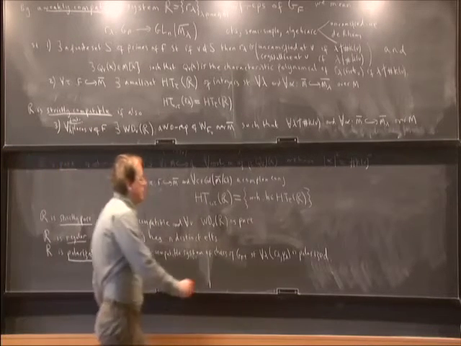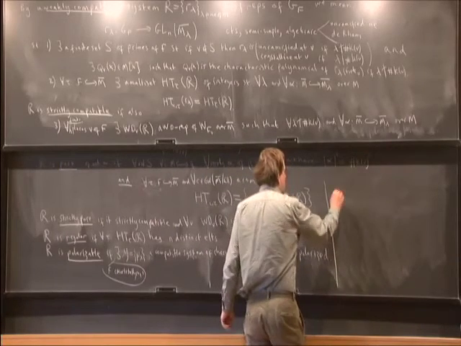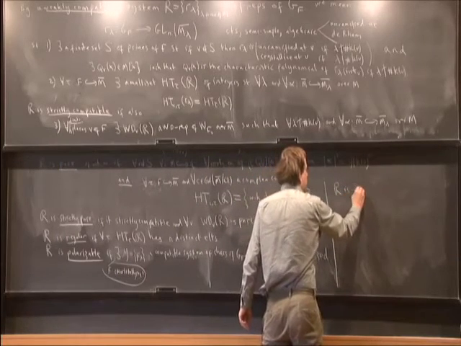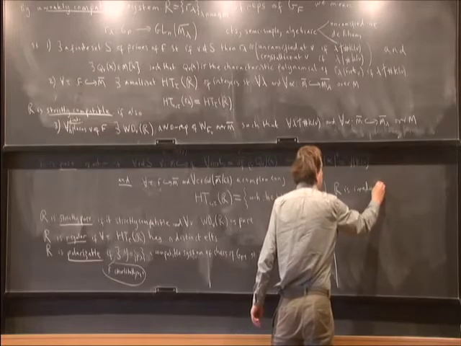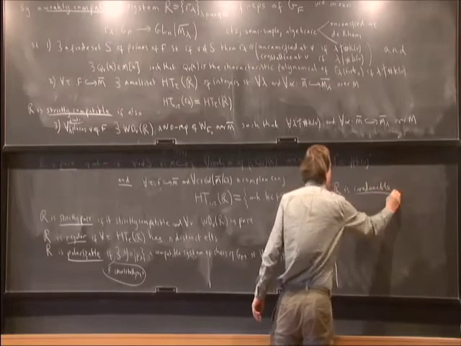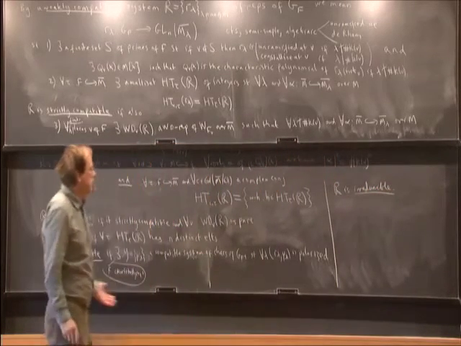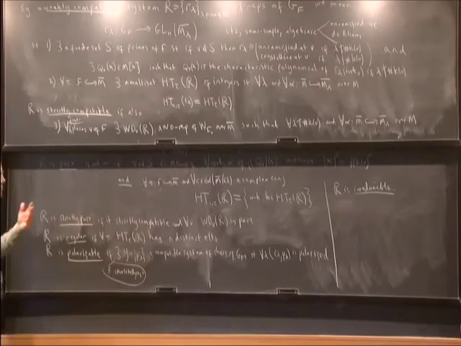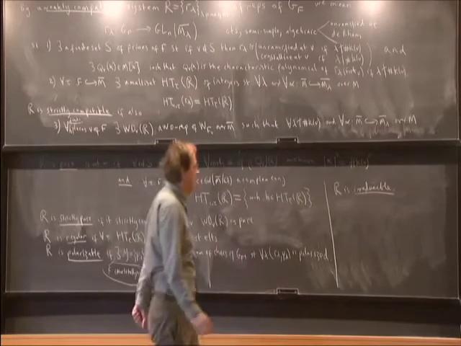One other thing I should say, I'll call R irreducible. Well, again, it should be true that if one of the R lambdas is irreducible, they all are, and that should be the definition of irreducible.